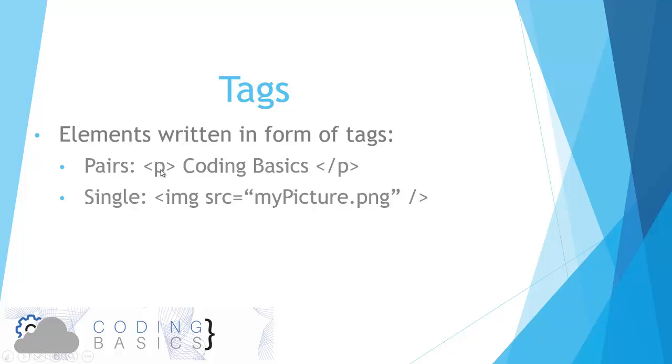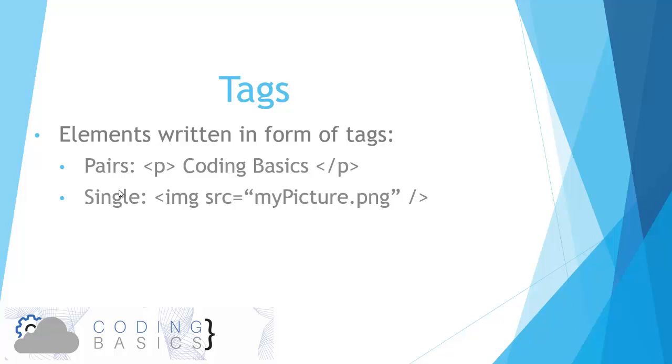So for a paragraph, the tag is just a P. Now, the closing tag is the exact same except there's a / before the tag name. So opening tag, closing tag. Now everything in between is what's going to be displayed as part of this paragraph. So if I pulled up a web page, this would be a paragraph that just says Coding Basics. That's all you would see.